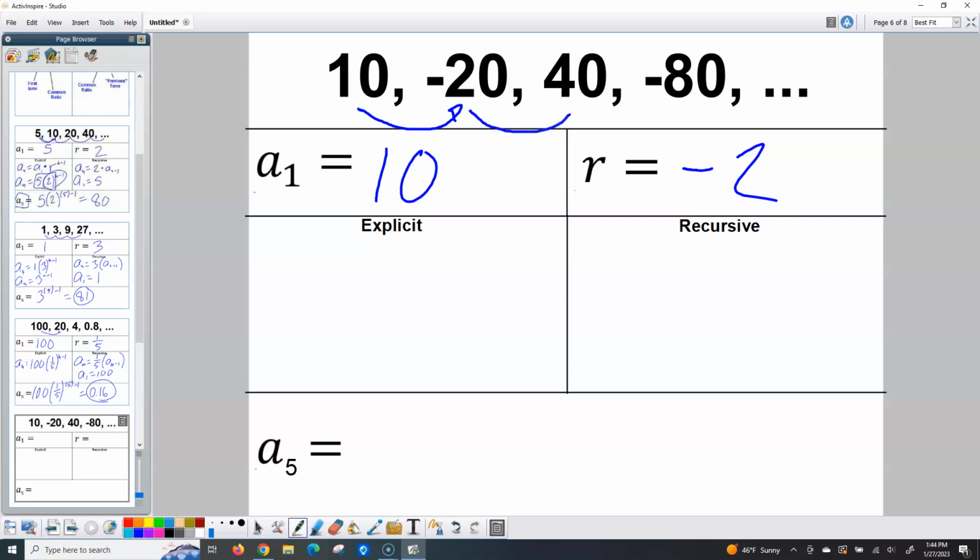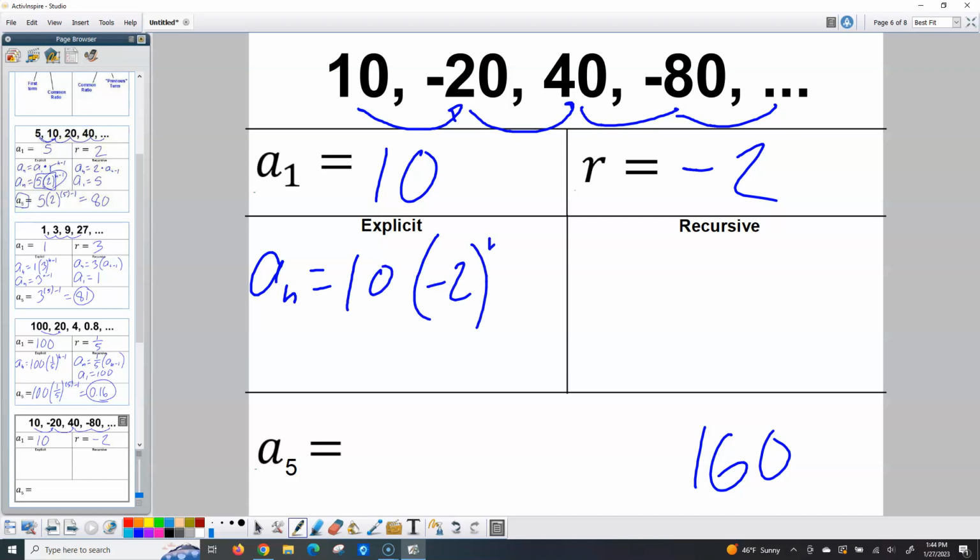And then negative 2 times negative 20 would be positive 40 times negative 2, negative 80 times negative 2. That's going to tell me my fifth term down here is going to be, what, positive 160? 160 down here. Explicit form, I've got a sub n equals the first term times the ratio to the n minus 1.